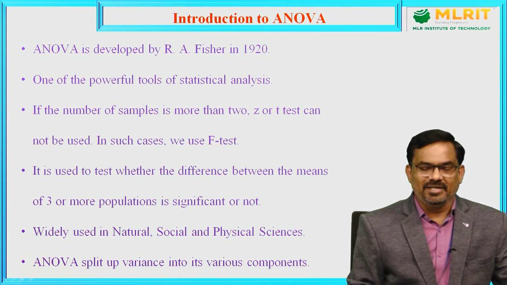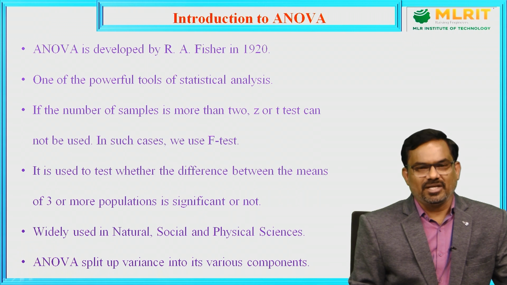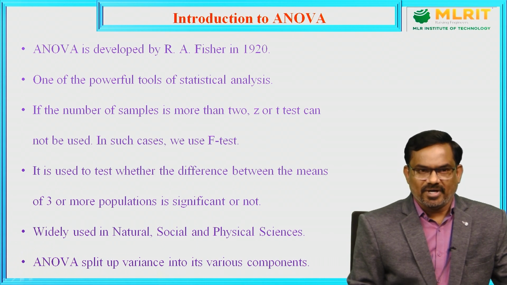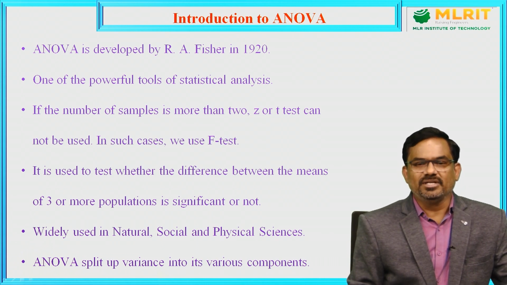That means, if the data is given regarding 3 or more populations and samples, then to test whether there is any significant difference between the means of populations, we apply this ANOVA test, and it is widely used in natural, social and physical sciences.